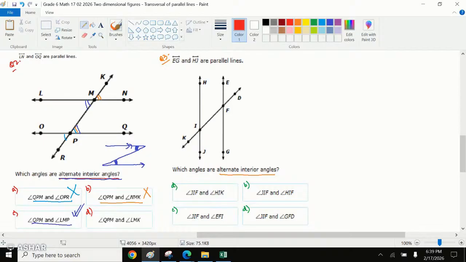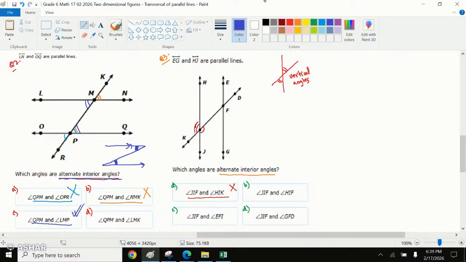If we have the angle JIF and HIK, whenever we have angles formed like this, these angles are not alternate interior angles. These angles are called vertical angles. So option A cannot be correct, right?